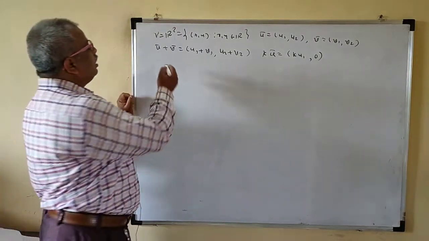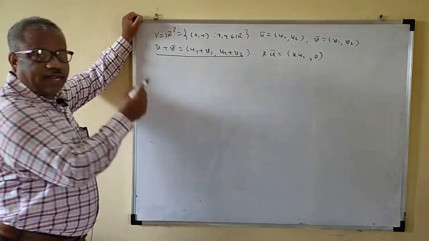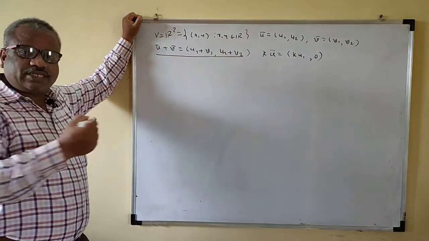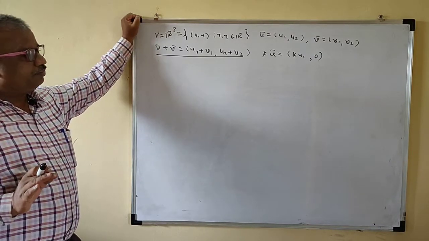Now see, the addition is usual. If addition is usual, then your first 6 axioms already hold, because this is R2. So don't check the first 6 axioms, up to the negative vector. Check only the scalar multiplication.